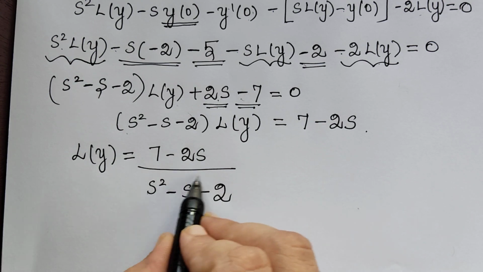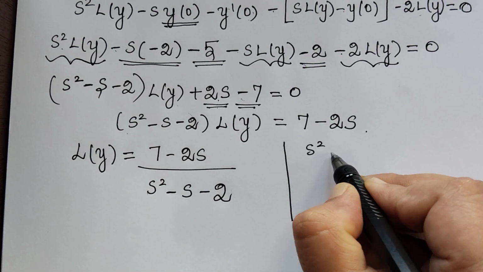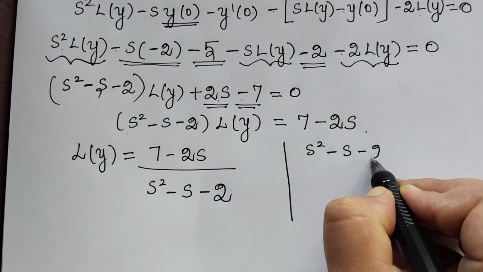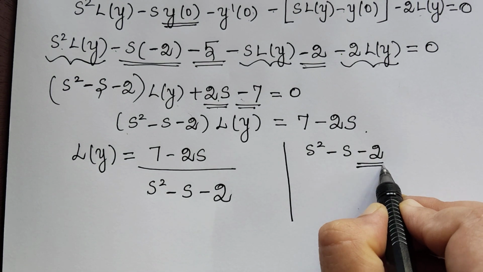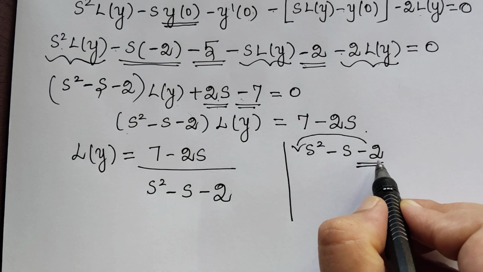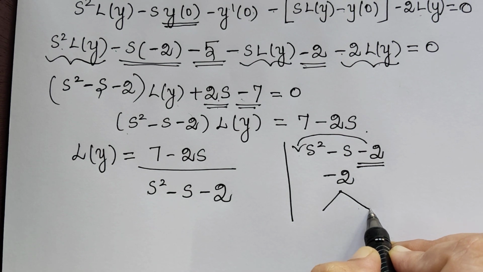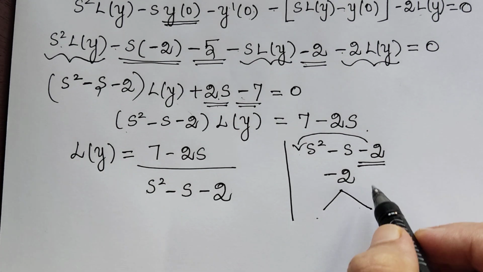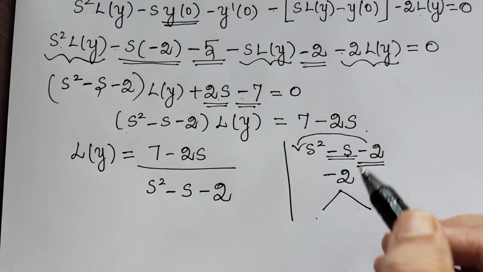Now let us try to factorize the denominator. So what is the denominator? s squared minus s minus 2. Now if we want to factorize, we have to use the Hill method. So minus 2 multiplied with the coefficient of s squared, which is 1. So we have to find the factors for minus 2 in such a manner that the factors when added up should give the coefficient of s, that is minus 1.